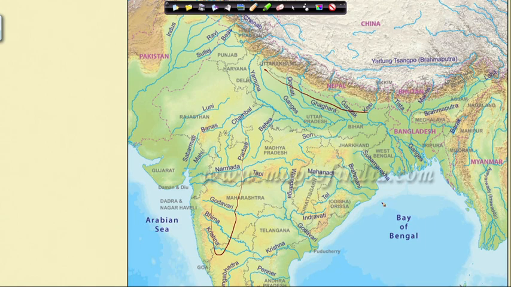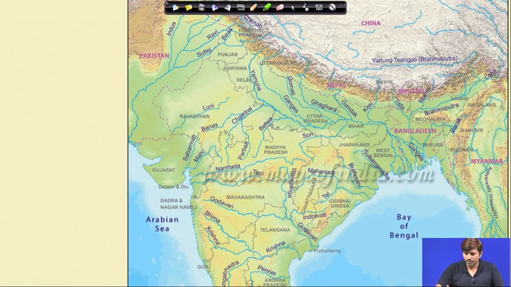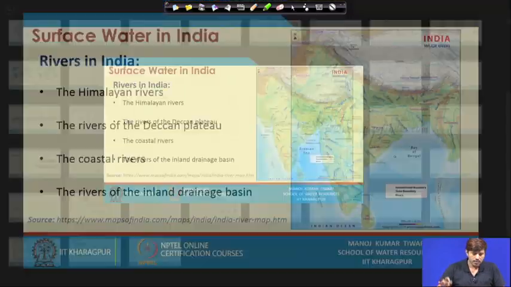And of course, on the entire coastal belt of India, there are very small rivers, most of them non-perennial rivers. So, they also contribute to storage of some amount of water in the basins.